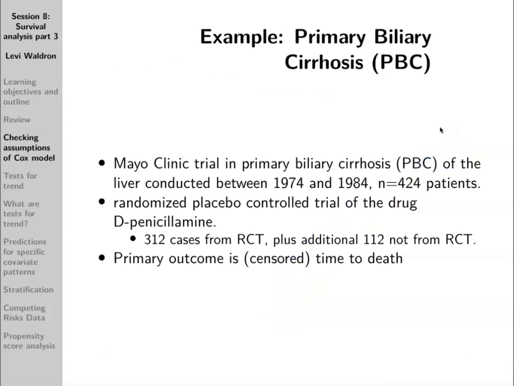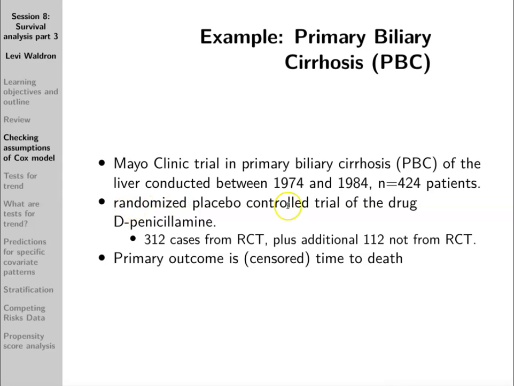All right, let's use some real data here. This is a data set that is included with the survival package. It's called the Primary Biliary Cirrhosis, or PBC, data set. It's from a Mayo Clinic trial on primary biliary cirrhosis of the liver conducted between 1974 and 84 with 424 patients.